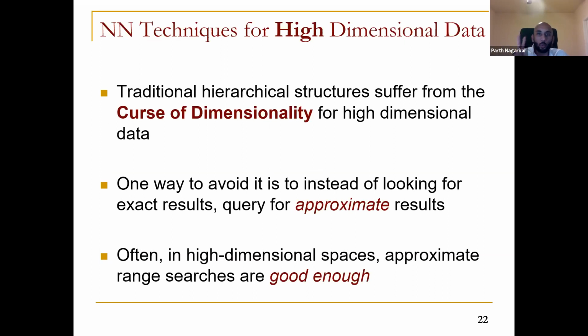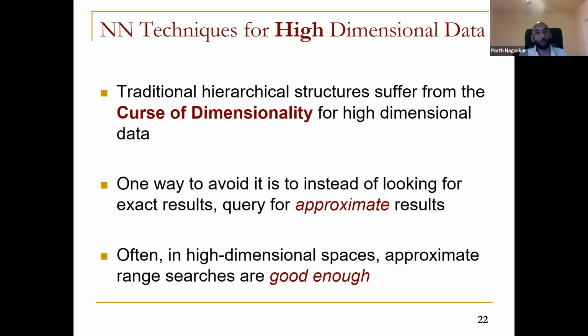There are two main benefits to this. One is the trade-off: if you accept a small loss in accuracy, it results in a really big performance benefit. The second really important point is that in high dimensional spaces, these approximate searches are oftentimes good enough.